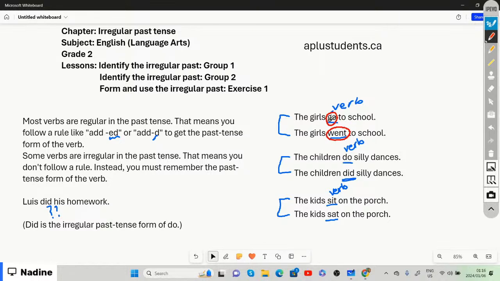And can you see how the wording changes from go being now to went, which is in the past? So the spelling changes. That is why it is called irregular past tense. We do not follow any rule. You must just remember the past tense form of the verb.